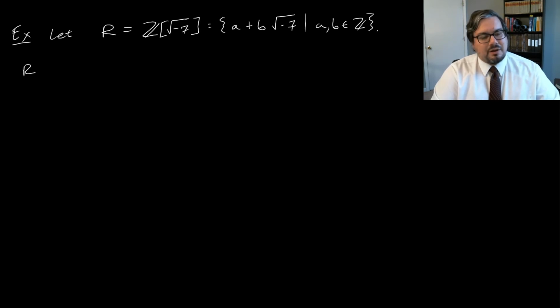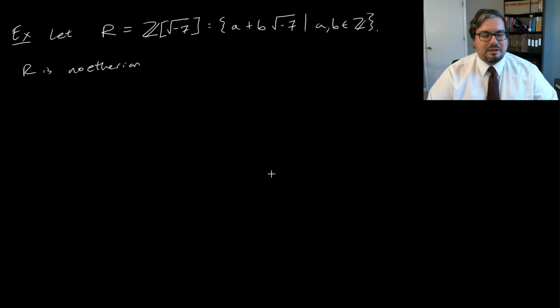It turns out that R is Noetherian. The easiest way to note that is to note that R is actually isomorphic, and this is a good exercise, to the factor ring Z adjoin X, quotiented by the ideal X squared plus 7.